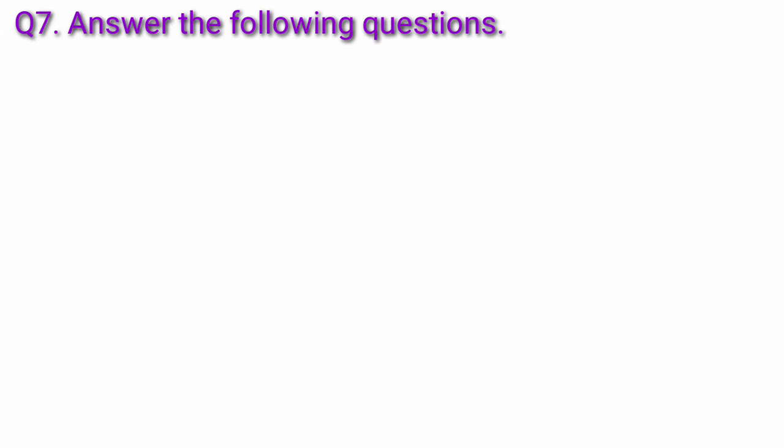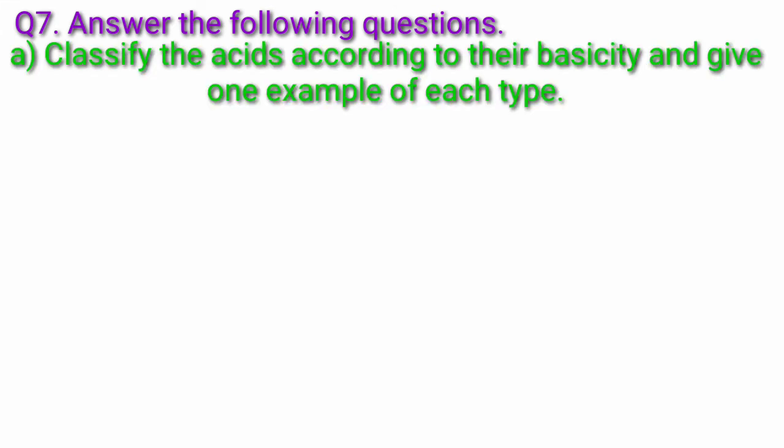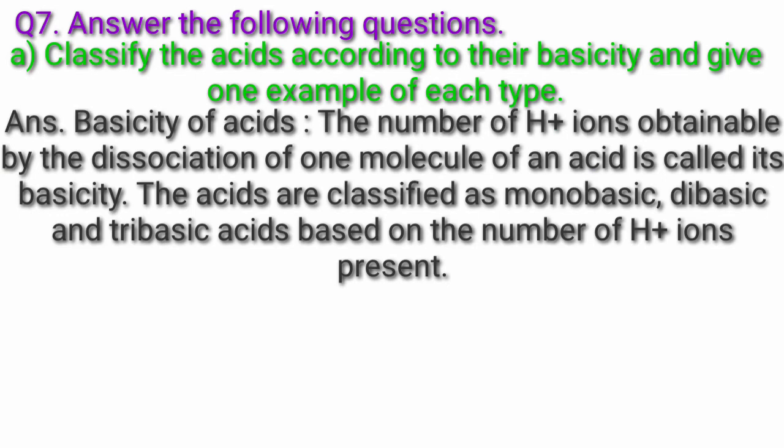Question 7. Answer the following questions. A. Classify the acids according to their basicity and give one example of each type. Answer. Basicity of acids: the number of H+ ions obtainable by the dissociation of one molecule of an acid is called its basicity.